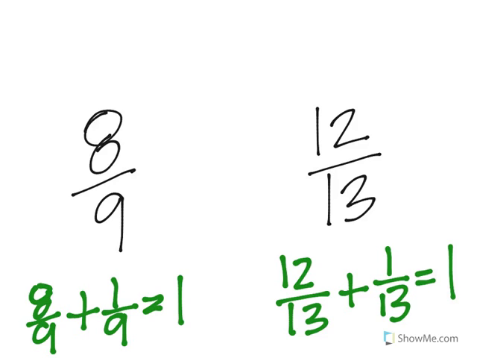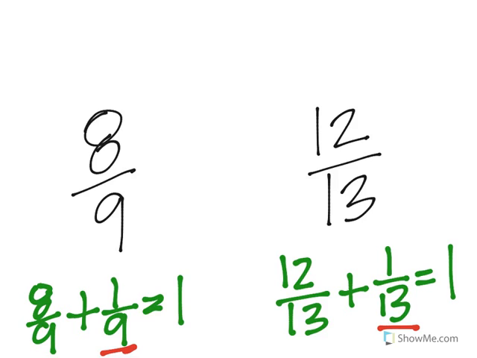And okay, so that's interesting that they're each one piece away from their whole. So let's think about the size of those pieces. Well, 1/9, that piece, a 9th, is larger than a 13th. And that's similar reasoning to what we've talked about before, which is that although the number 13 is larger than 9 in whole numbers, when I'm thinking about 9ths, what that means is I'm taking my whole and splitting it up into 9 pieces.